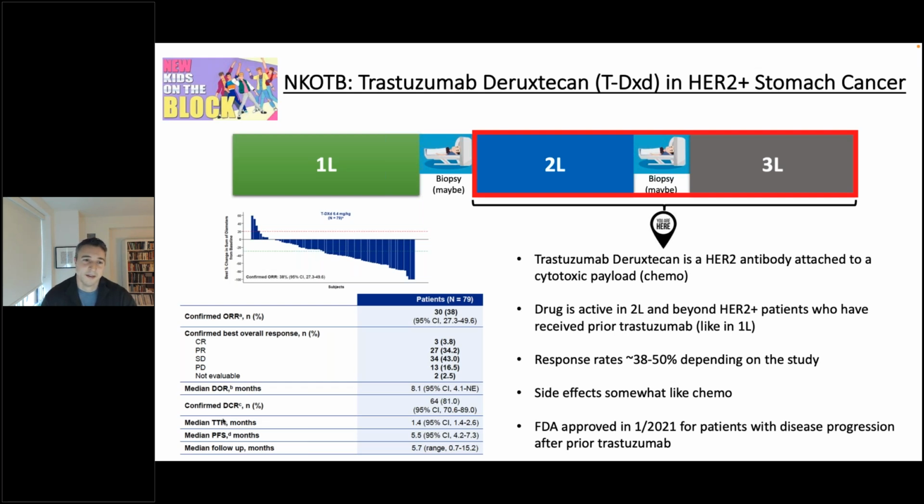So the trastuzumab eventually failed the patient, and now they need something next. So now you're talking in the second line and third line. And here, this drug has shown activity, response rate in the 38 to 50% range. This drug is also approved since January of 2021. And it is another option for patients with HER2 positive disease.